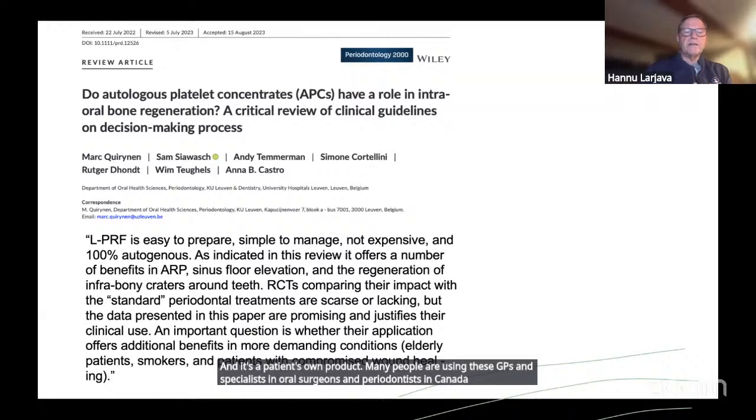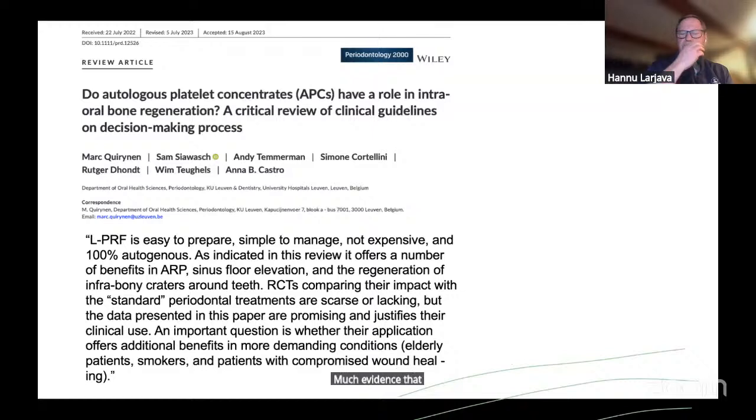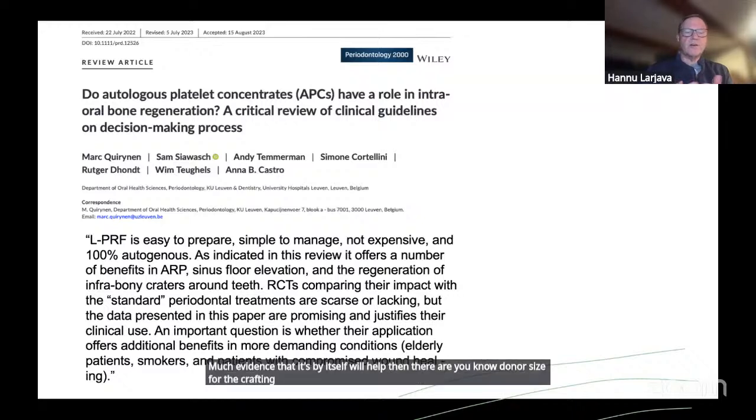So it says that it offers a number of benefits: sinus floor elevations, you can protect the membranes and regeneration, although there's not that much evidence that it by itself will help. Then there are donor sites for the grafting, there are extraction sockets, and people are using them pretty much everywhere, but not everything is scientifically proven to have a positive effect.